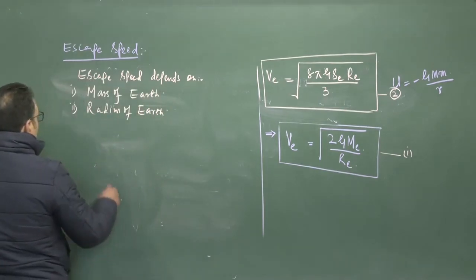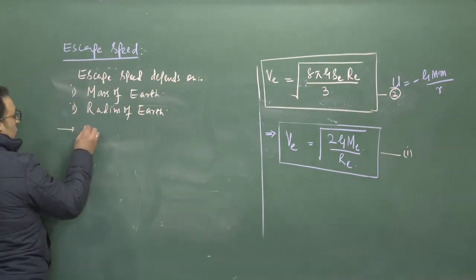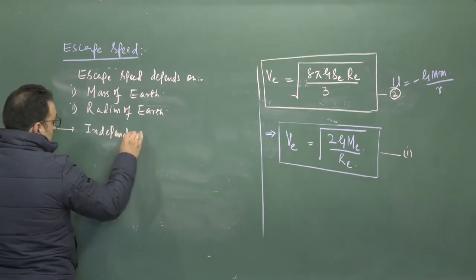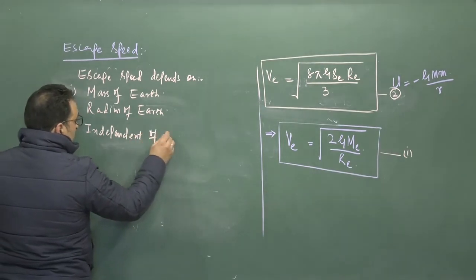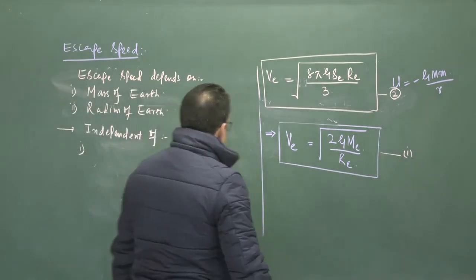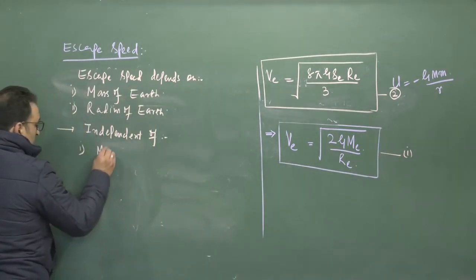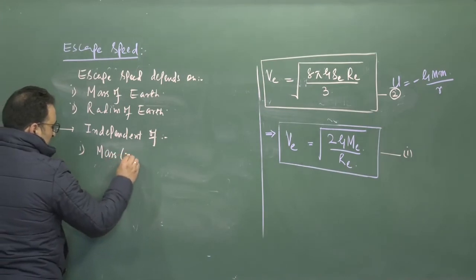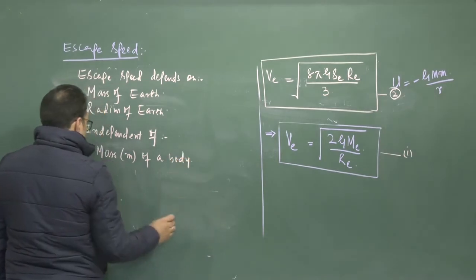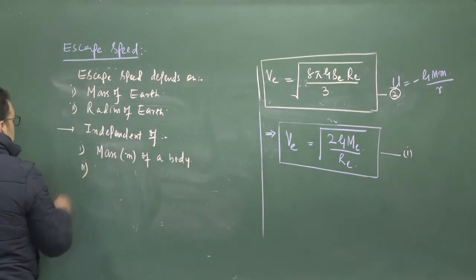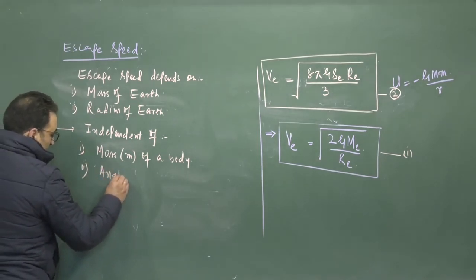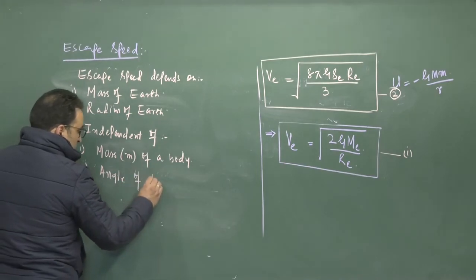But escape speed is independent of, number 1, the mass m of the body, and number 2, the angle of projection.